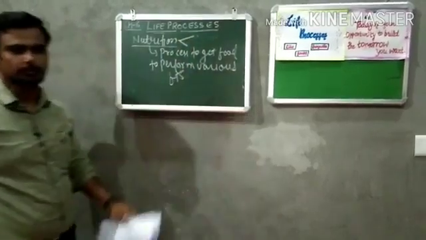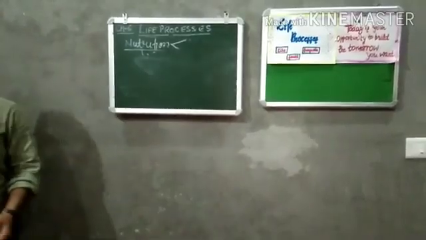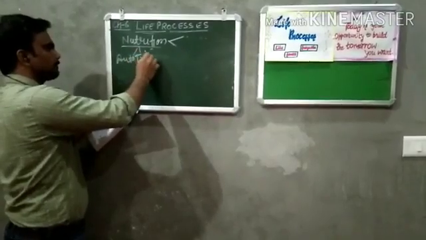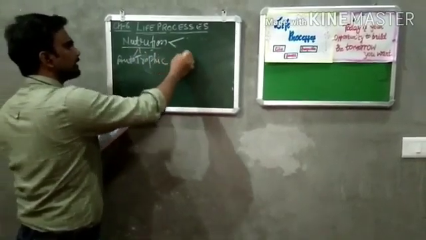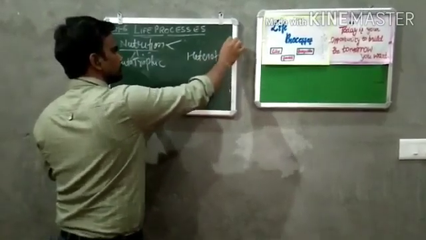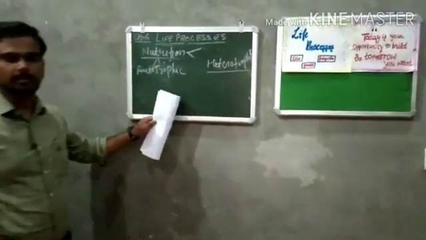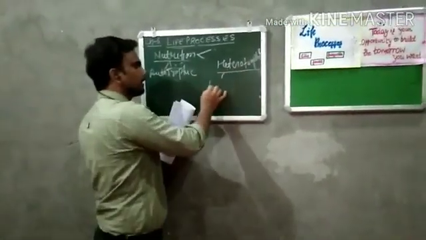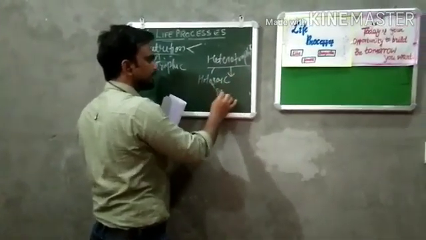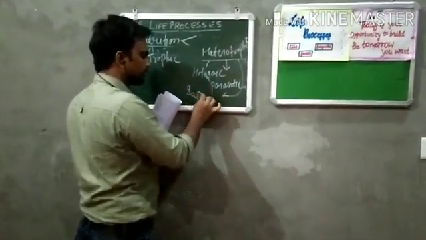There are basically two types of nutrition: one is autotrophic and another is heterotrophic. There are further subtypes of heterotrophic nutrition: holozoic, parasitic, and saprophytic.